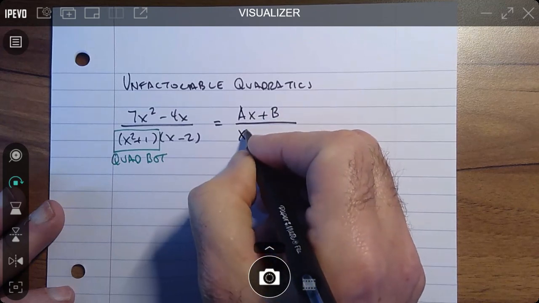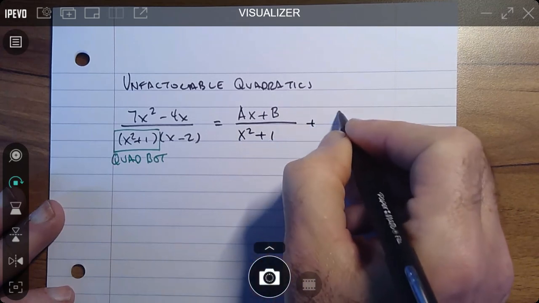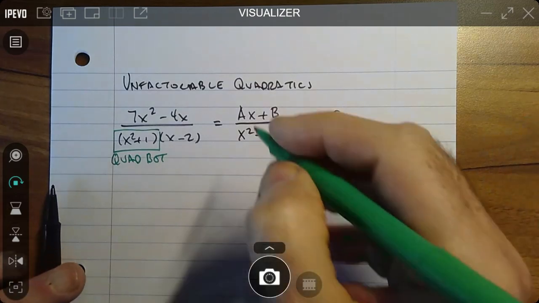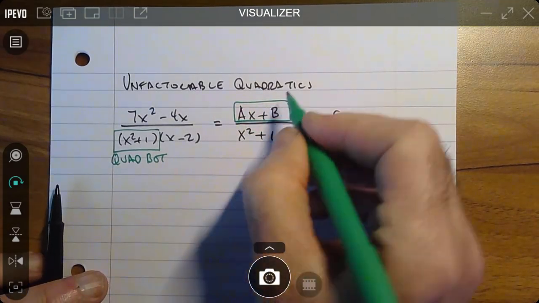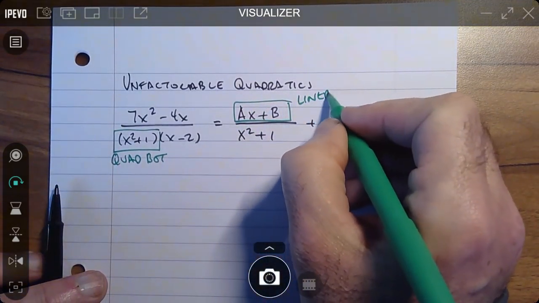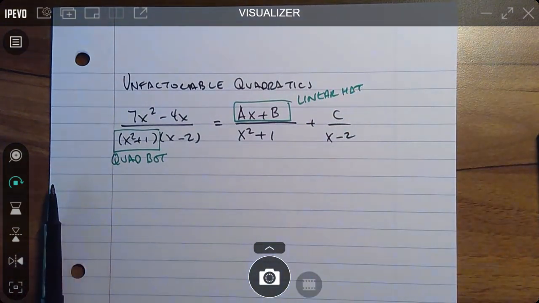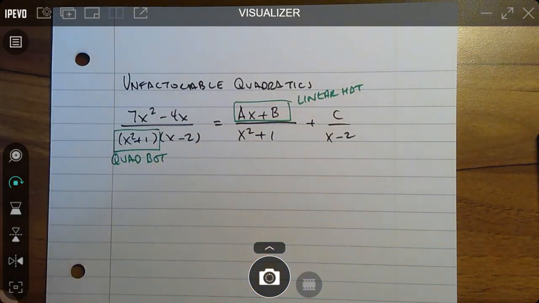That's going to go over the quadratic, and then the other one just gets a nice little c over the top. So this is the linear hat. So in order to do a partial fraction decomposition where we've got an unfactorable quadratic down there, we need a linear piece on the top.